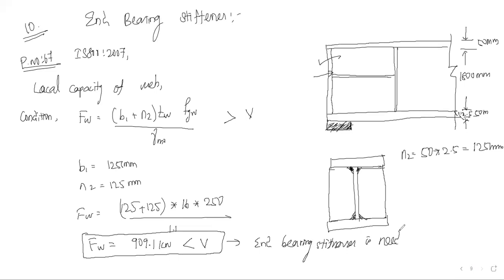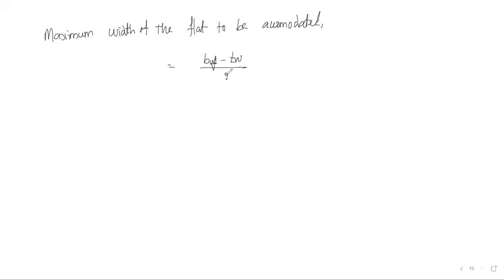is made. So let us move on to the maximum width of the flat that can be accommodated. So maximum width of the flat to be accommodated is equal to breadth of flange minus thickness of web divided by 2.